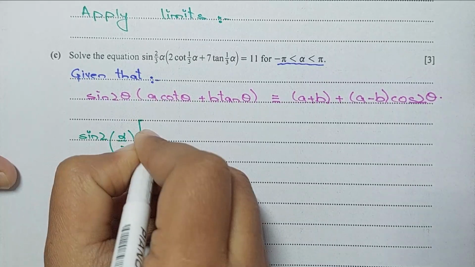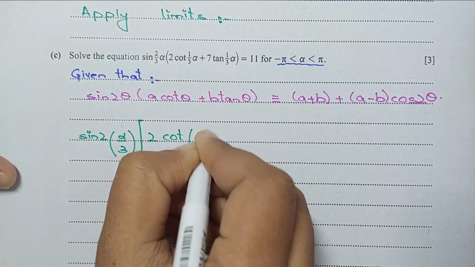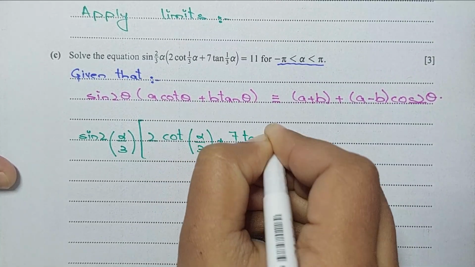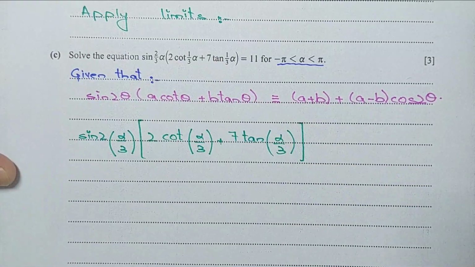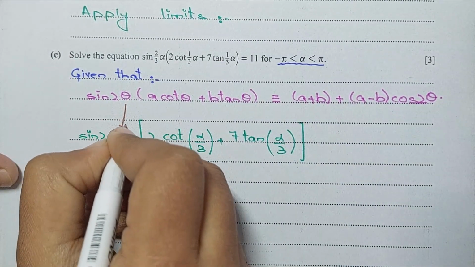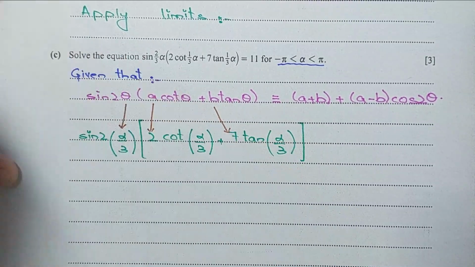A value is 2 cot alpha by 3. B value is 7. Tangent theta is alpha by 3. So now we come to know that theta is alpha by 3, A value is 2 and the B value is 7.